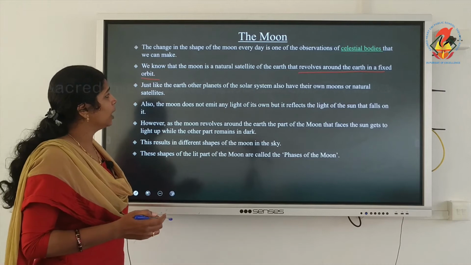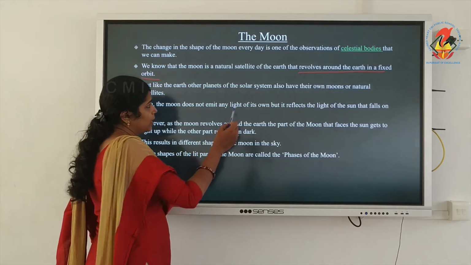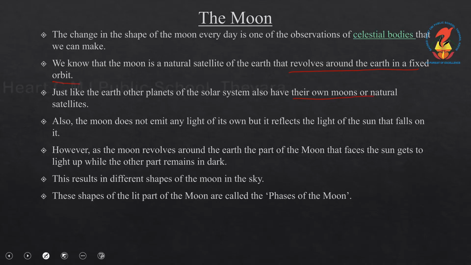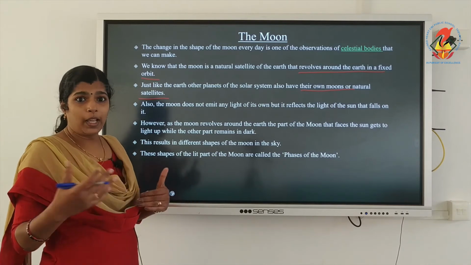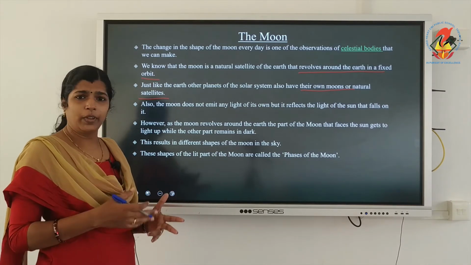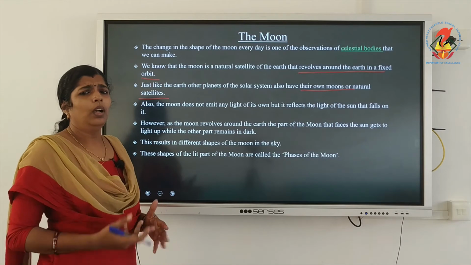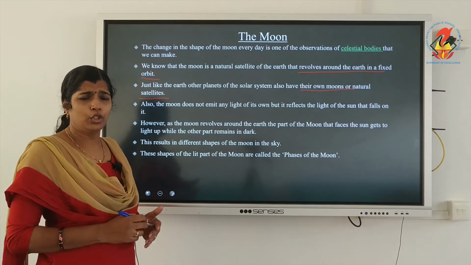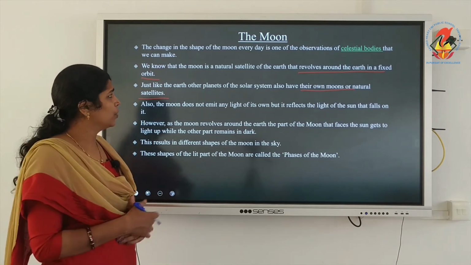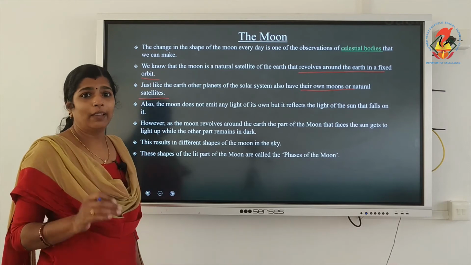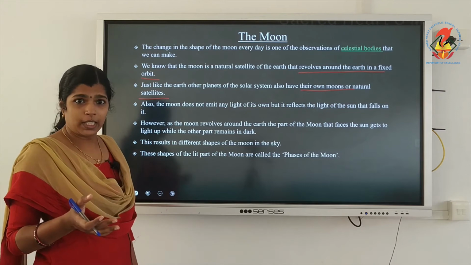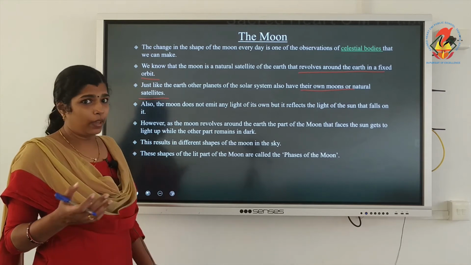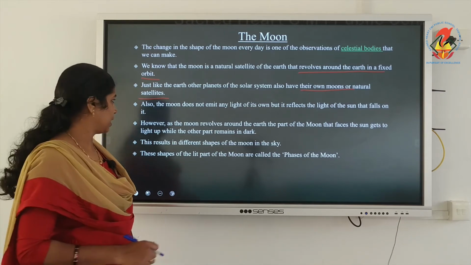Just like the earth, other planets of the solar system, such as Mercury, Venus, Mars, Saturn and Jupiter, also have their own natural satellites. Some planets do not have their own natural satellite.